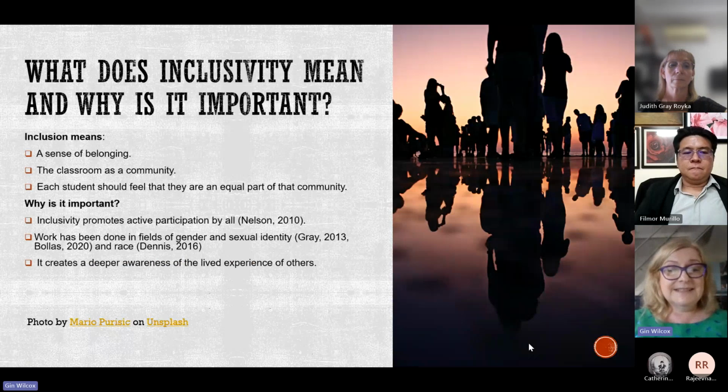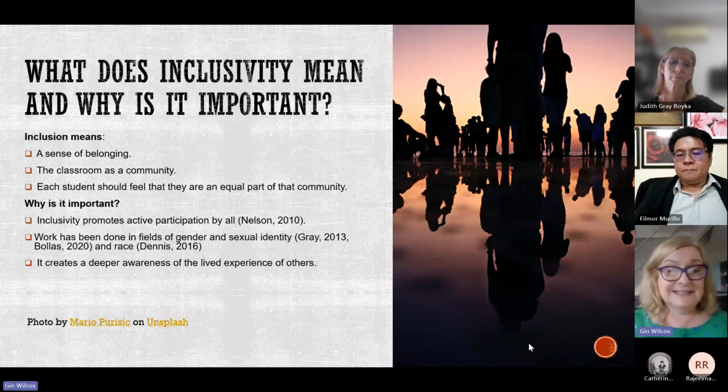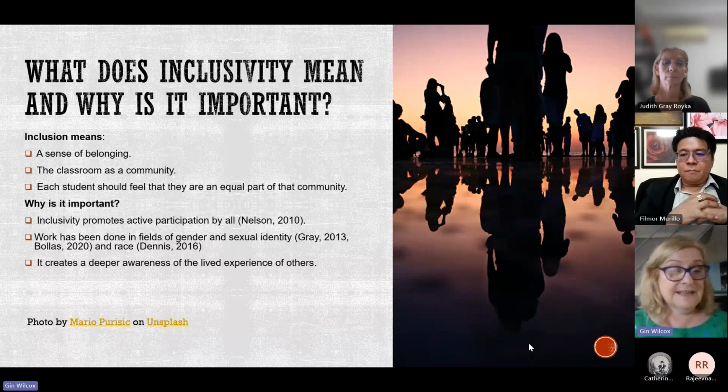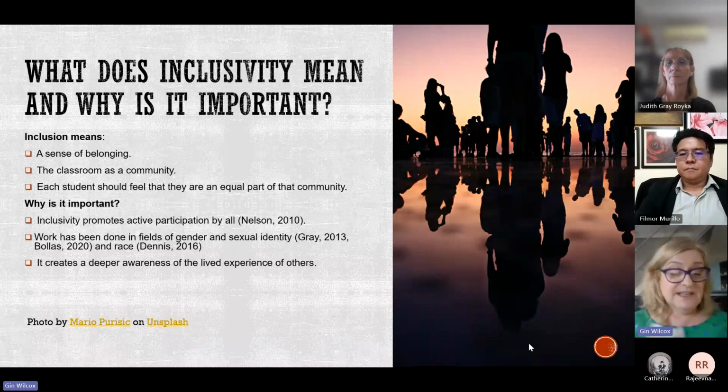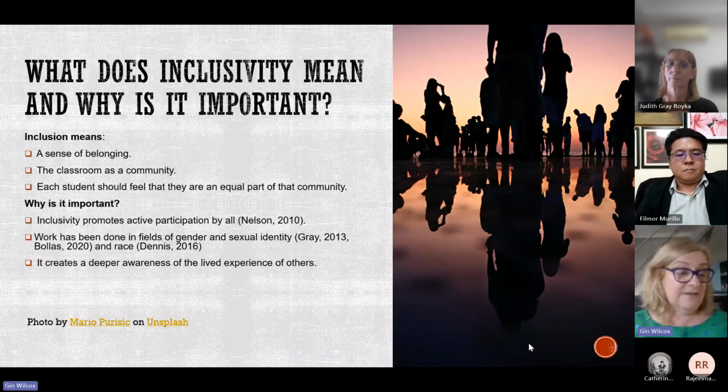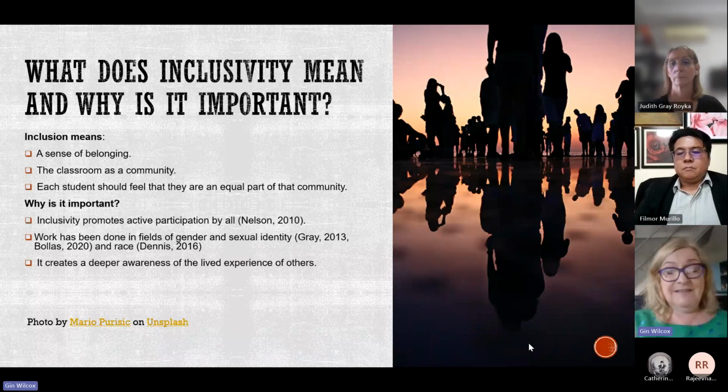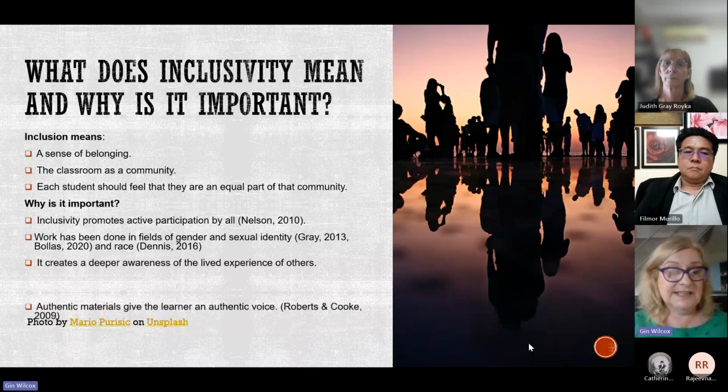Inclusion creates a deeper awareness of a lived experience of others. And so students who don't feel part of a class can feel excluded from that class. And the deeper awareness of the lived experience of others can help the students to have a more empathetic classroom, and it really helps to build the community.